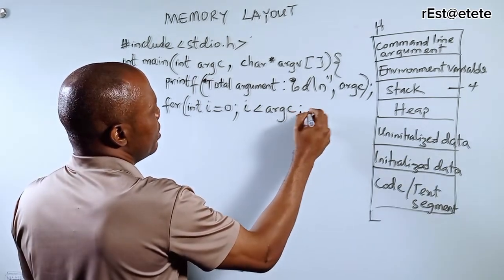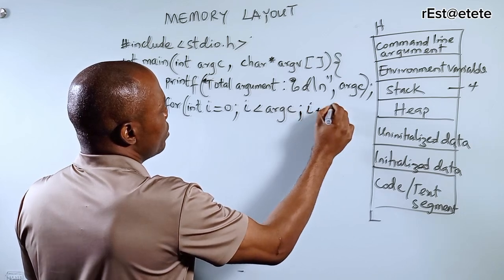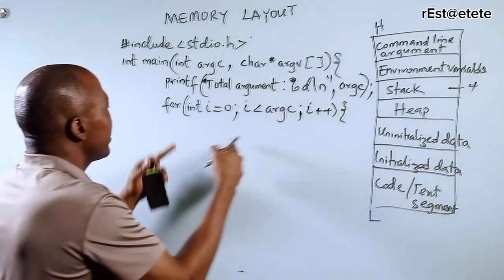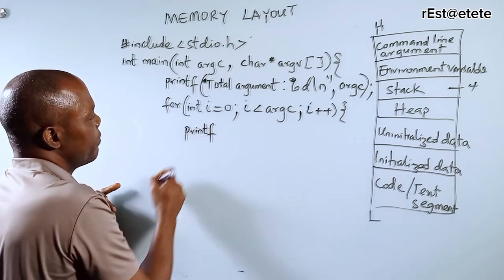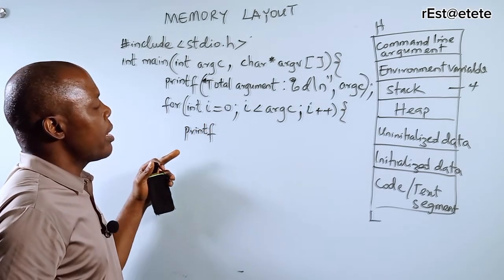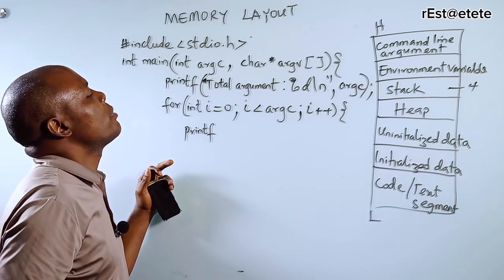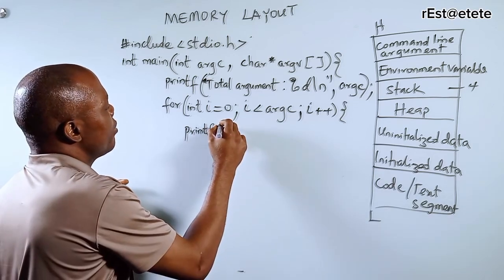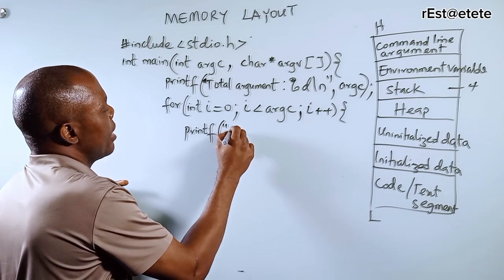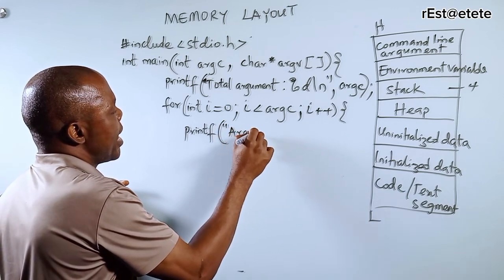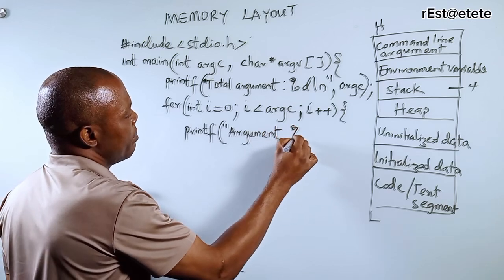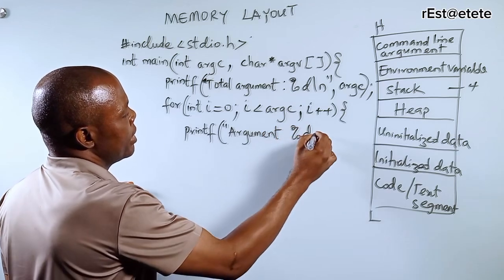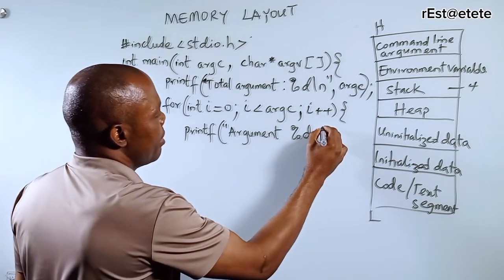So i plus plus. Then inside this my function, I will say printf. I want to print out each of them. So that would be argument percentage d, right?